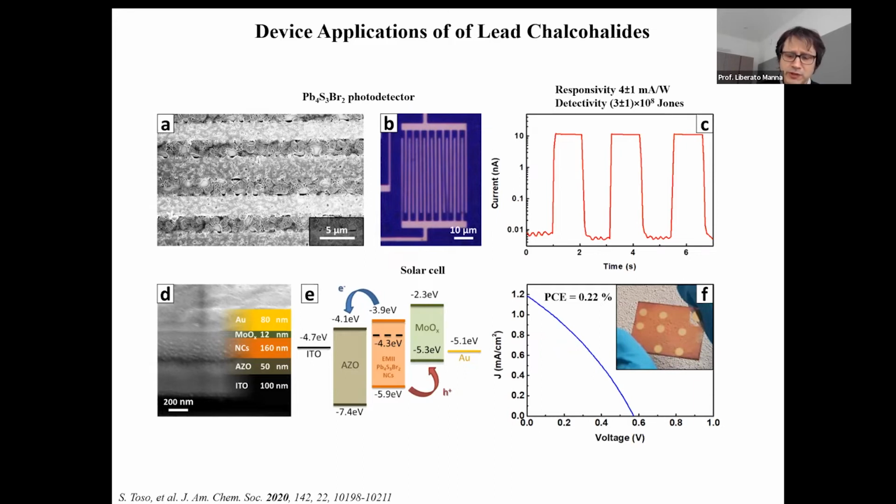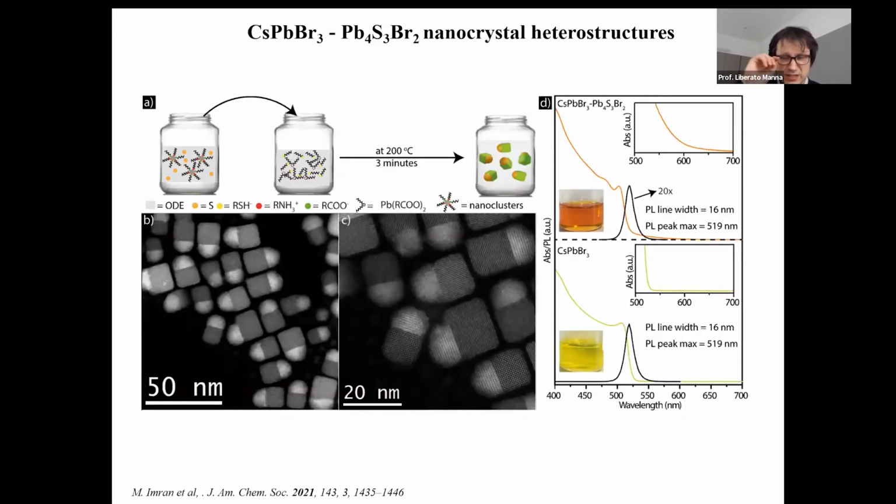But what we were able to do, and this is probably a little bit more interesting, is that we could grow heterostructures in which these chalco halides are epitaxially connected to halide perovskite. The way we did it was to first prepare clusters, so ultra small nanocrystals of halide perovskites, which we use as precursors to grow the perovskite.